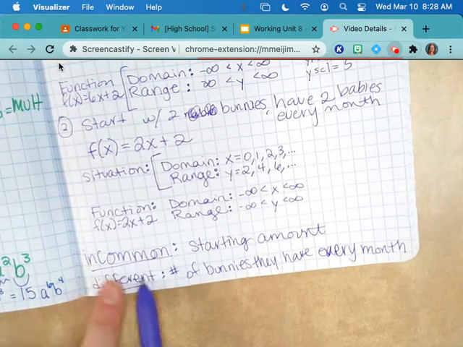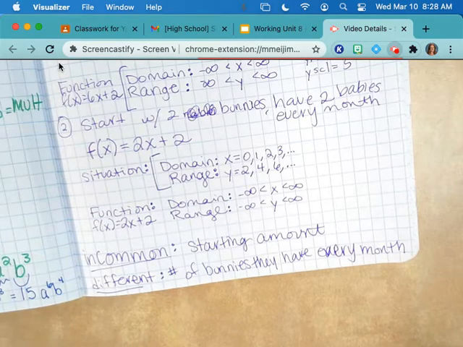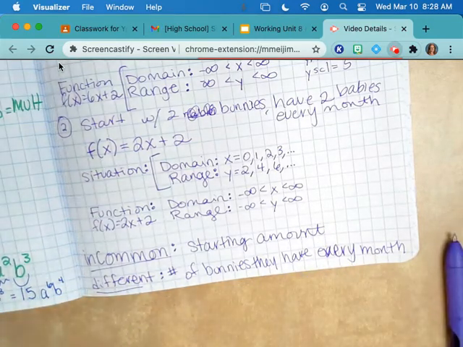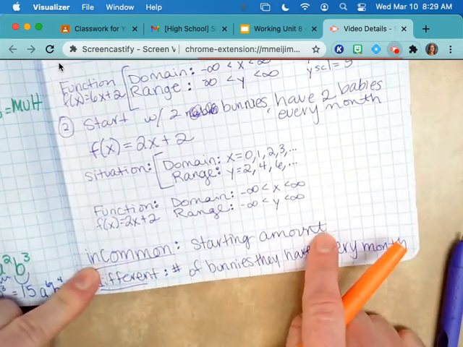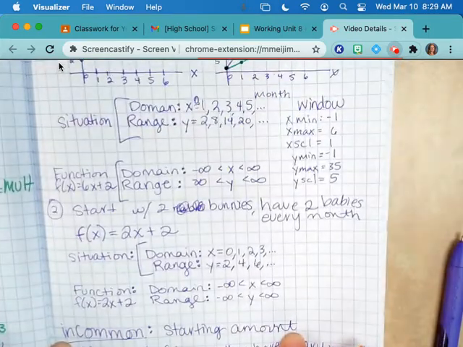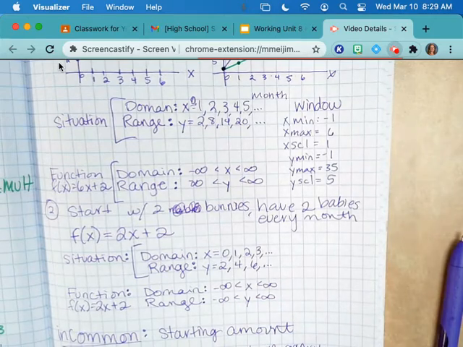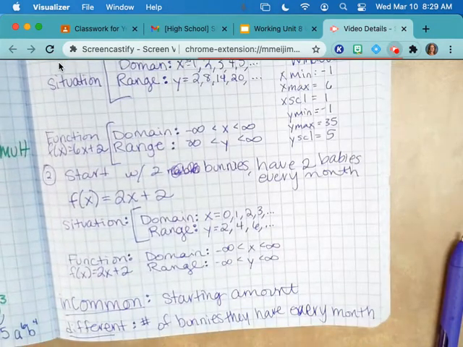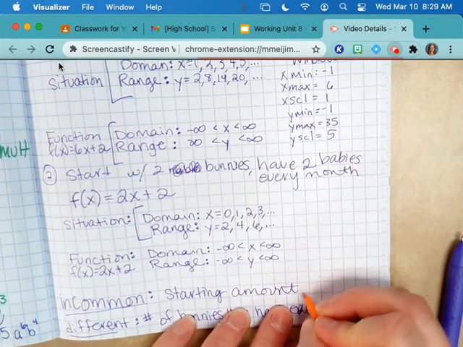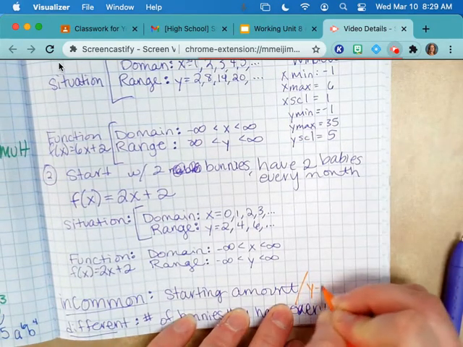Okay, so in our function, where's this at, basically? So like our starting amount, where do you see that in your function rules? Abby, Kate, y'all's group. Where do you see the starting amount in your function rules? The y-intercept. Okay, so I'm going to put that y-intercept.